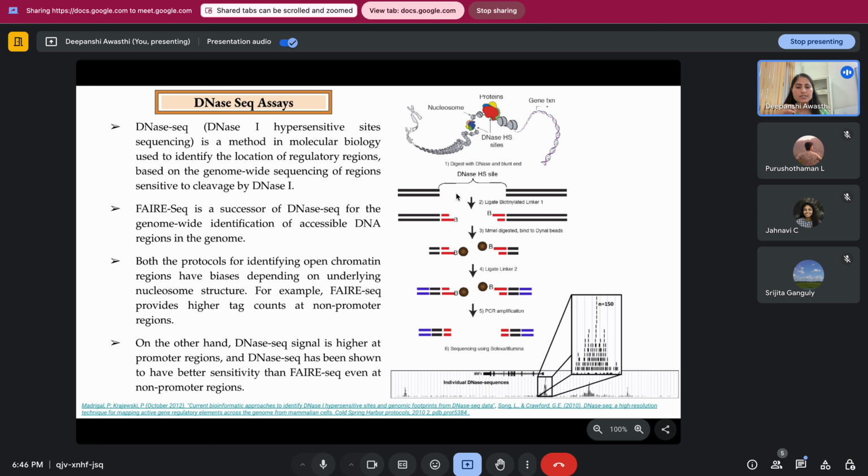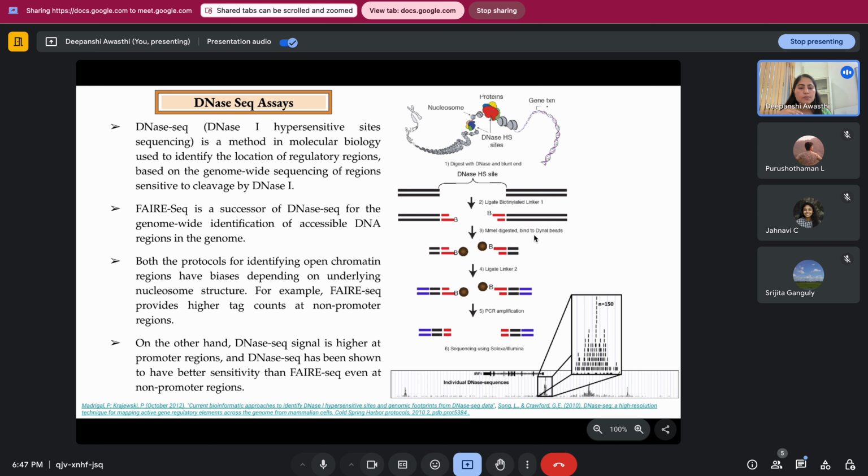Now here you can see blunt ends of DNA which are produced. These blunt ends will be ligated with biotinylated linkers. Then you will use MmeI, which is another enzyme that will digest them and convert the longer double-stranded DNA regions into 20 base pair fragments.